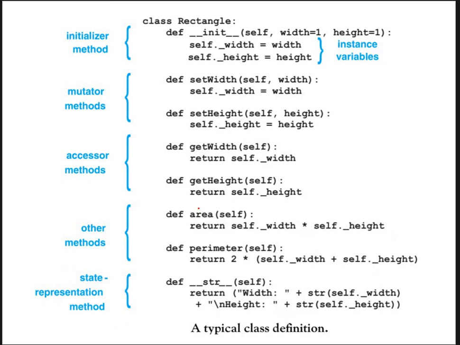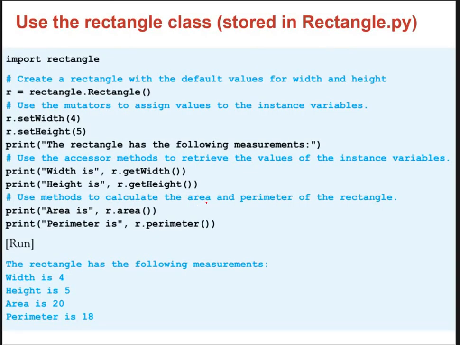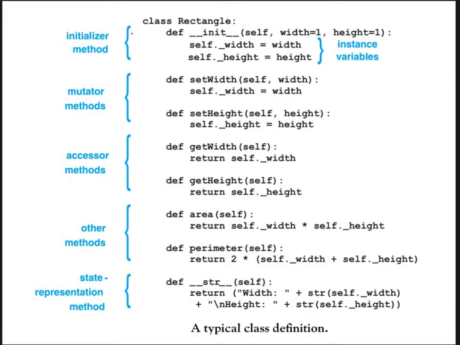Okay, so let's look at some examples of what we just discussed. I was explaining this, but repetition is always good. So let's say that you have stored the class. I'm assuming that I've stored this whole class in a file called rectangle.py.